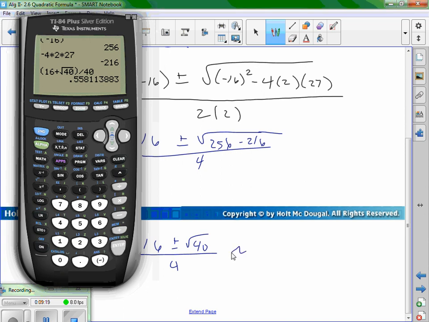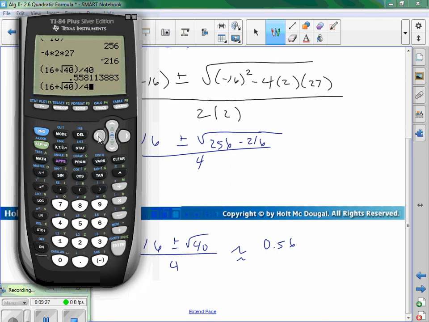The first one is about 0.56. Or sorry, 4. I don't know why I put an extra 0. Go back, delete it, fix it. This is just to find the decimal. 5.58. No, you do not always have to do this. You can just leave it as the radical, but I'm showing you what the answers are.